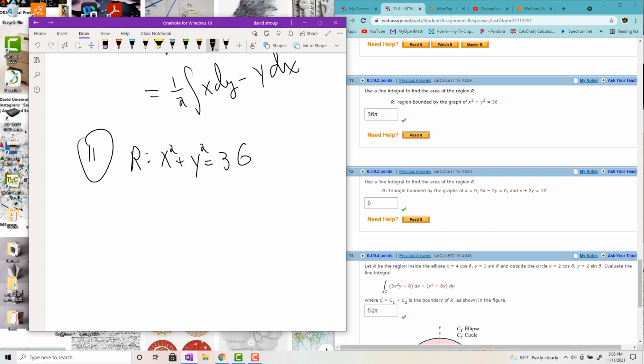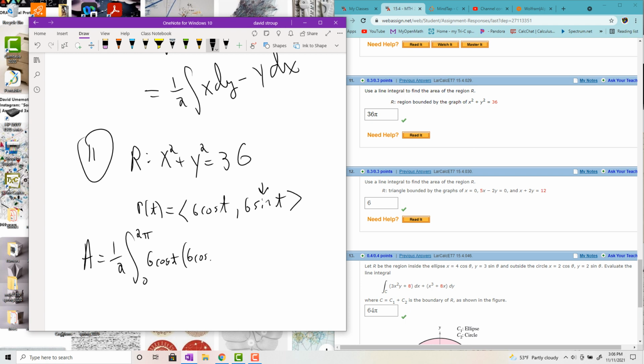All right. So I'm going to go ahead and parameterize this thing. So we go r of t equals 6 cosine t comma 6 sine t, and then our area will equal 1/2, and with the t value we want to go from 0 to 2 pi, and then x will be 6 cosine t dy, the derivative of that will be 6 cosine t, and then minus y.